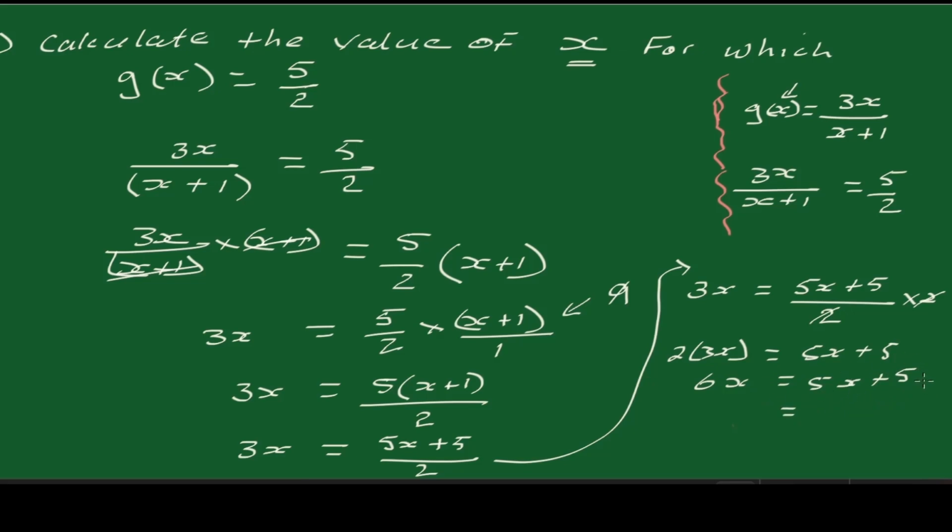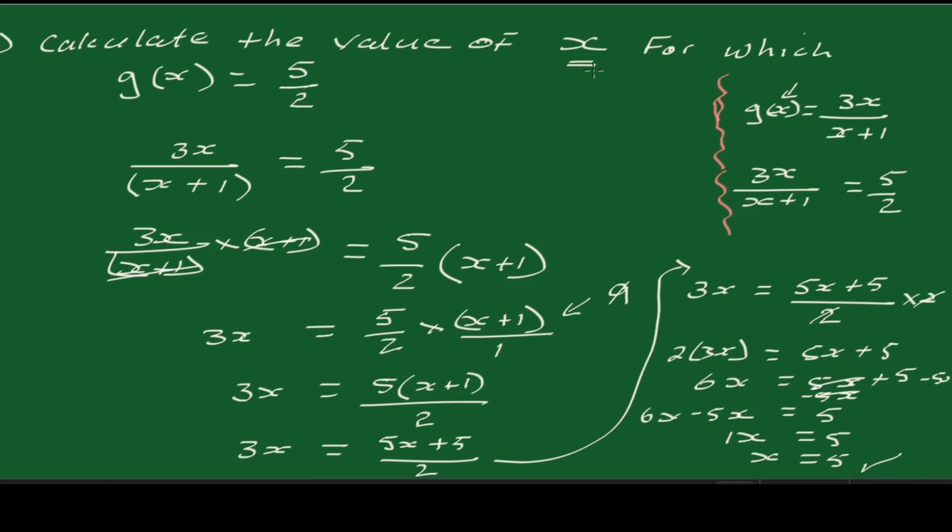So I'm going to minus 5x on both sides. Minusing 5x on both sides gives me 6x minus 5x equals 5. Now 6x minus 5x will give me 1x equal 5, and therefore x equal 5. And that's your answer there.